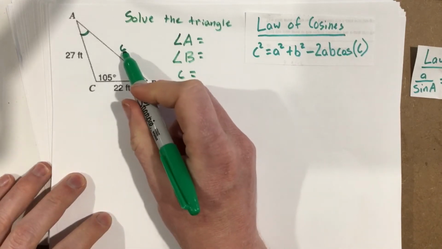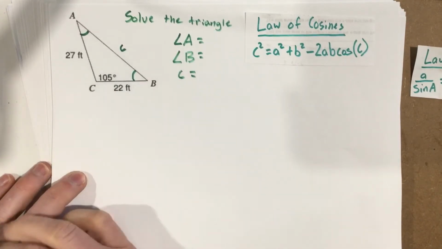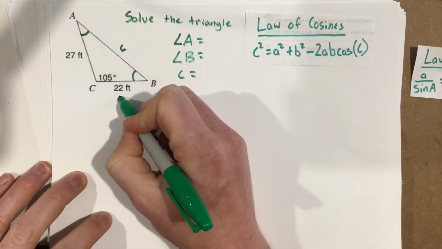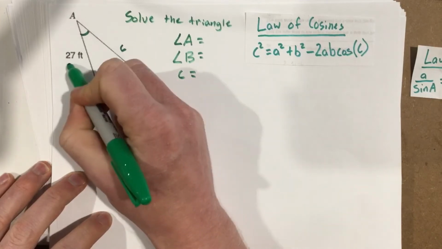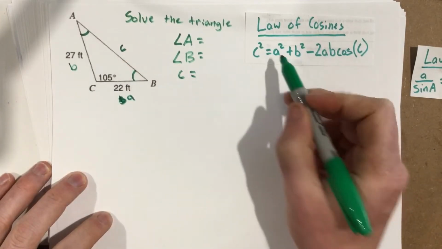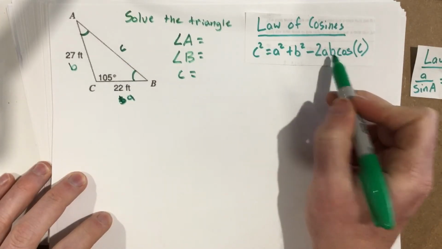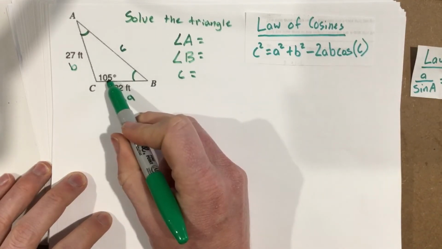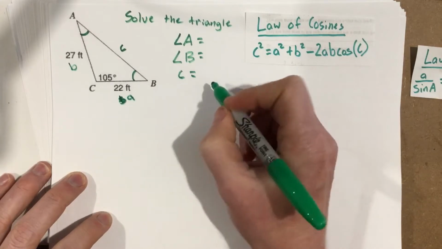Now, if we want to find C, we know that this is little a, this is little b. So we know A and B. We know big C, which is the 105. So we can find little c here. Let's go ahead and do that.